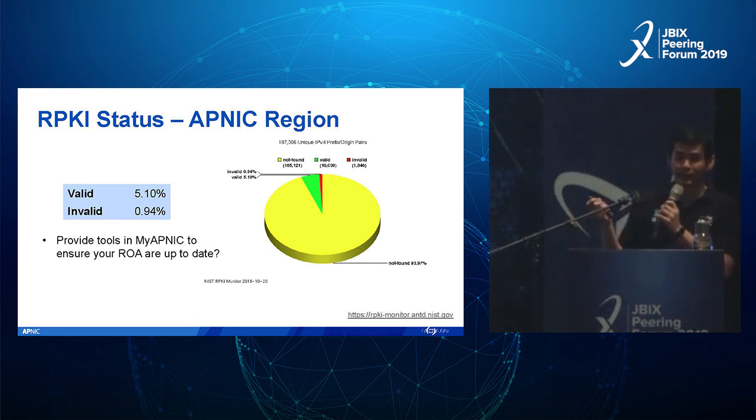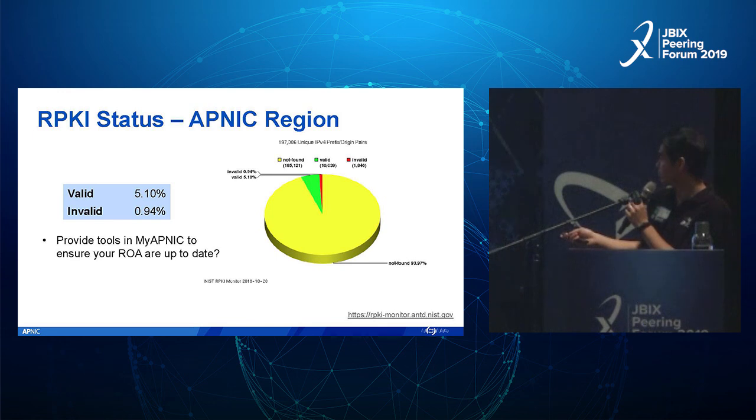This means that many members are registering their ROA, but they are registering an incorrect ROA, which is not matching their announcement. So I'd like to encourage members that if you're registering a ROA, you should also look at what you're announcing, not just blindly register a ROA. Otherwise this will bump up the invalid routes on the routing table.